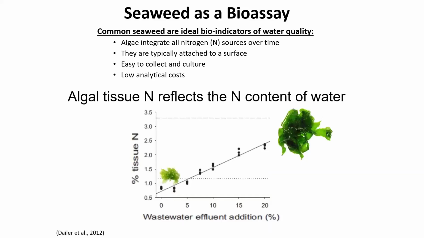But more importantly, the algal tissue, that seaweed tissue, reflects the nitrogen content of the water that they are found in. If you look at my graph here, in the lab, as you incrementally add wastewater to seaweed, that algae will suck up that nitrogen and store it. For green seaweeds like Ulva, that is stored as chlorophyll.